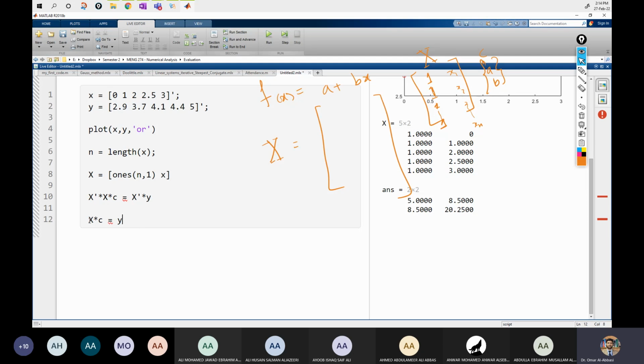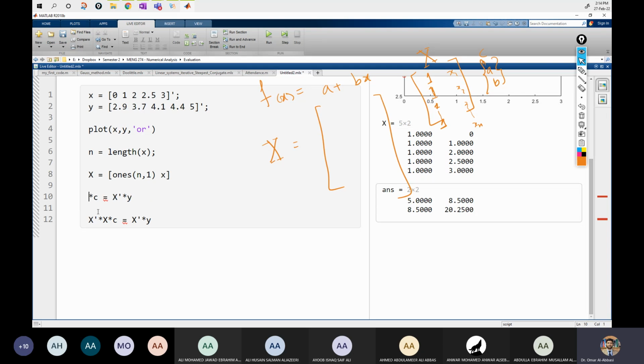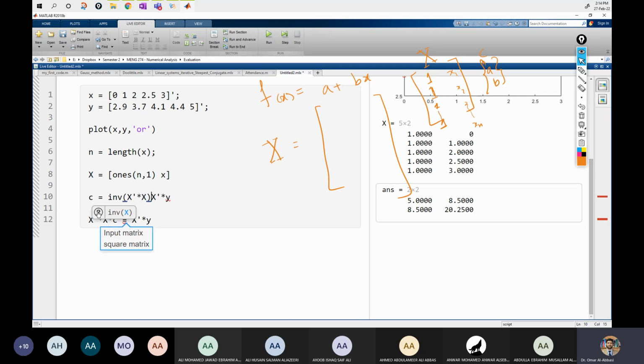So then we multiplied both sides by X transpose. Then we need to take the inverse of that quantity, right? So let us cut that part, and we multiply it by the inverse of X transpose times X.